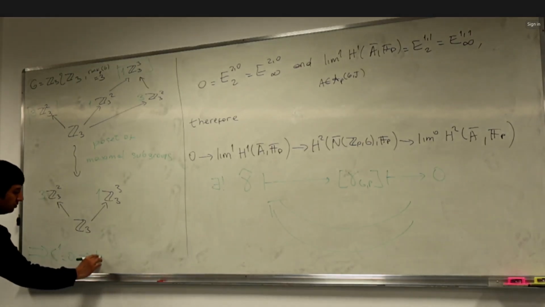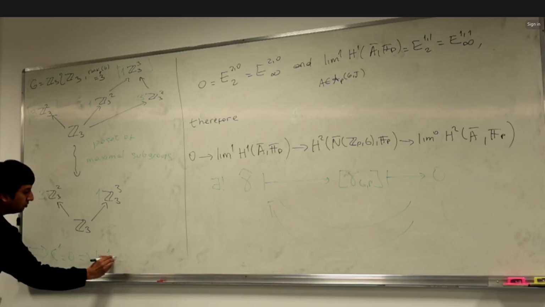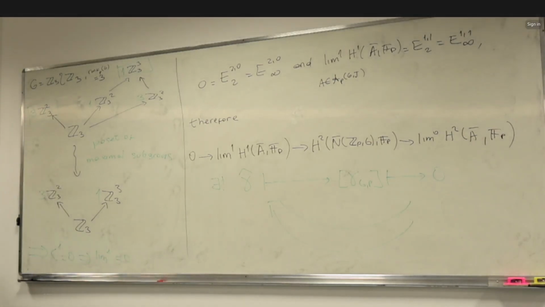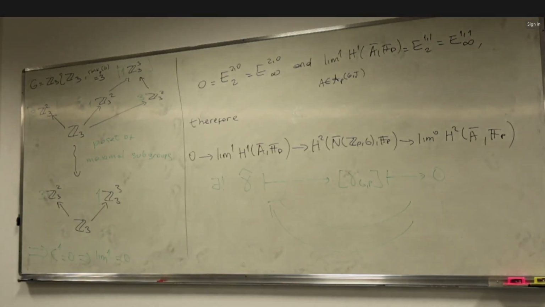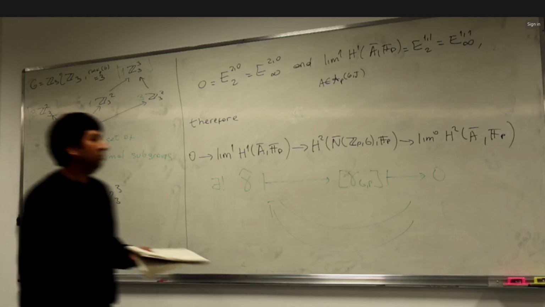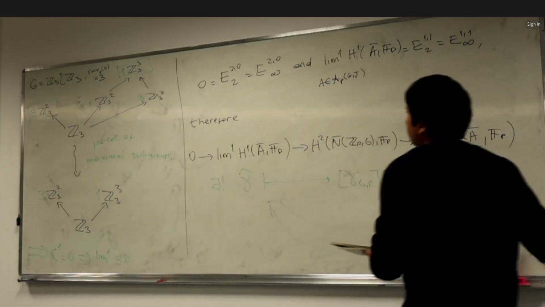So lim¹ of this poset is trivial, because we can replace the poset with this simpler one, and it doesn't change the value of the higher limit. Okay, so this is an example of a p-rank 3 group.